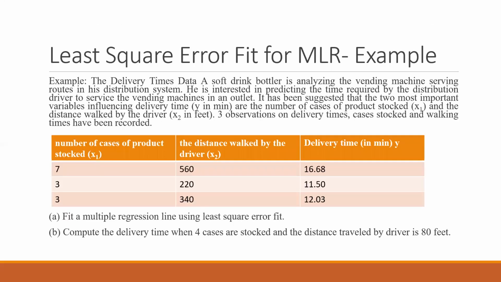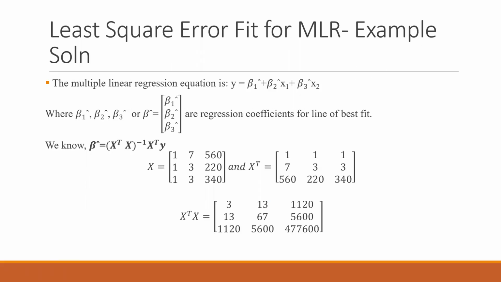Let's review the question. The question was that you have to first find a multiple regression line using the least square error fit, and in that you need to put the formula that we used yesterday. That was this formula, the highlighted one: beta hat equal to x transpose x whole inverse into x transpose y.